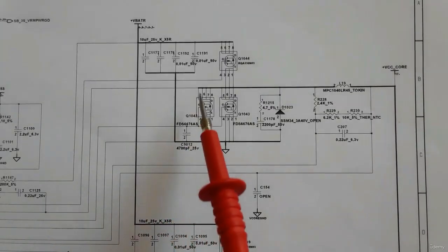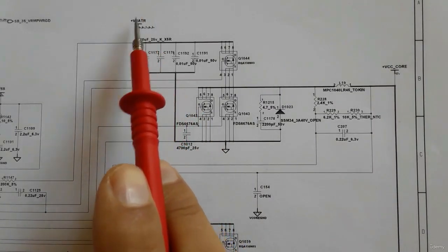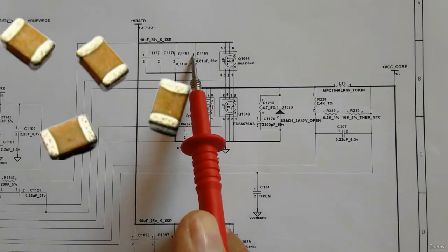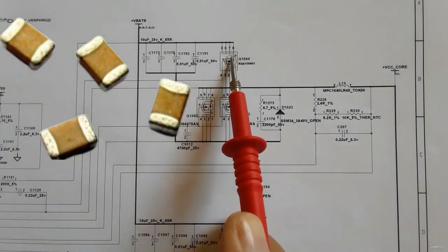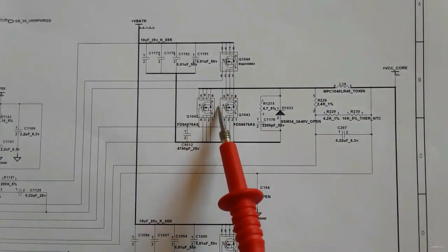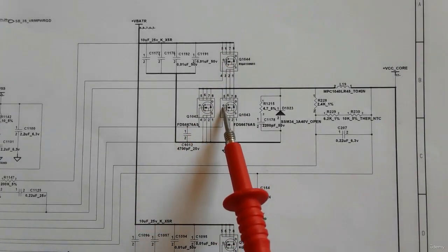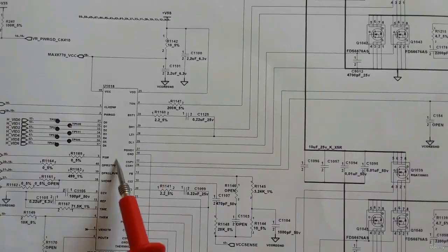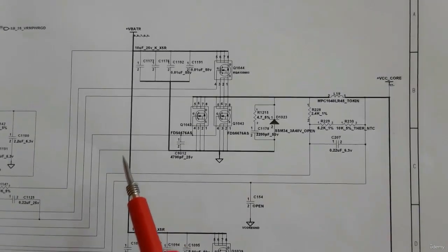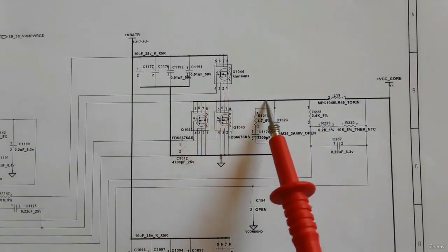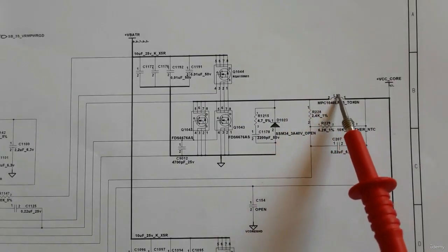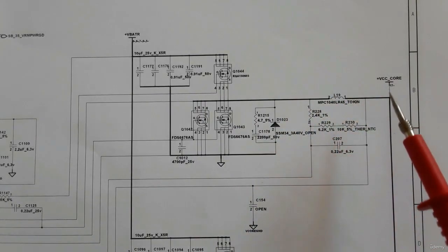So plus VBAT, four ceramic filtering capacitors, three MOSFETs. This is the gate. This gate means the control signal should be applied to the MOSFET at its gate. So this is the inductor, and here we have the plus VCC core.